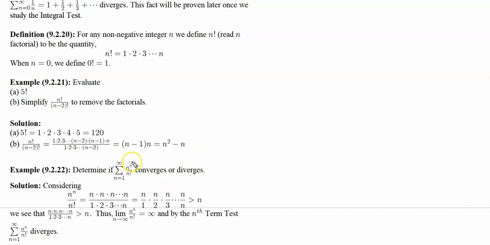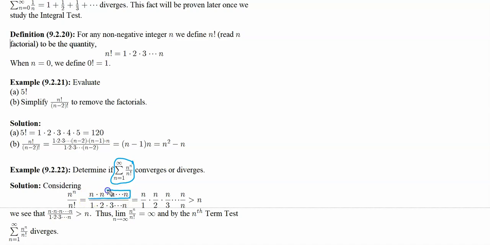So let's determine if this series converges or diverges. The summation from 1 to infinity of n to the nth power divided by n factorial. All right, well, let's consider the a_n terms, which are n to the nth power over n factorial. Now, n to the nth power is going to be n times n times n dot dot dot times n, and this will be n times.